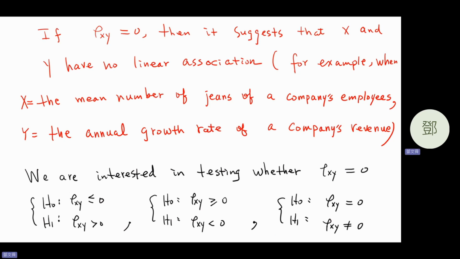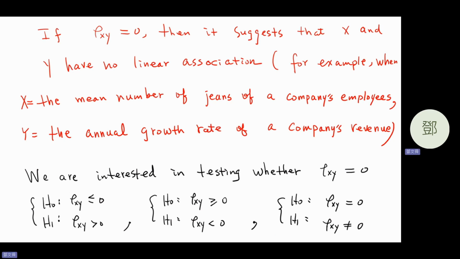No. No relation. And so likewise, like before, we may be interested in testing whether this is true or this is true. If your hypothesis setting is this one, smaller or equal to 0 or bigger than 0, and you take this conclusion, then you are concluding that their relation is positive.